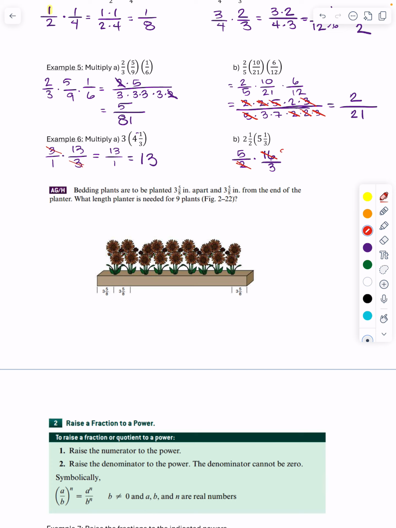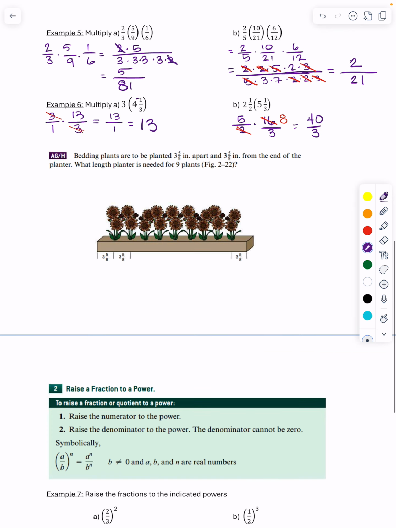I can cancel a 2 up here, that's 2 times 8. When I multiply this out, I get 40/3. Now, since my original answer had mixed numbers and not improper fractions, I'm going to go ahead and divide the 3 into 40. That goes 13 times. I have 1 left over, 13 and 1/3.